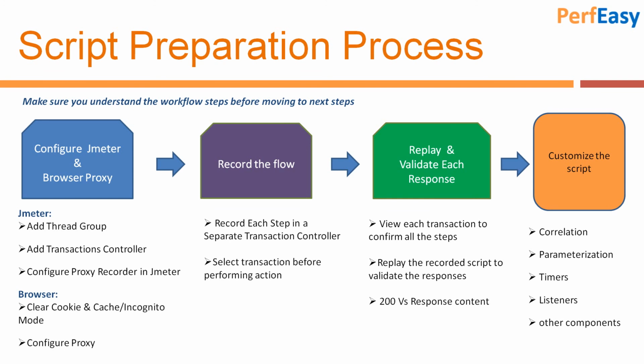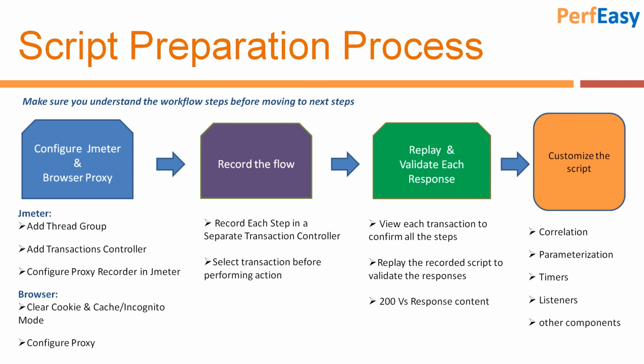This customization will require parameterization of the user entered text or user entered values. Parameterization is done for the static values, the values that are inserted, typed or selected by the user when he is performing the activity.